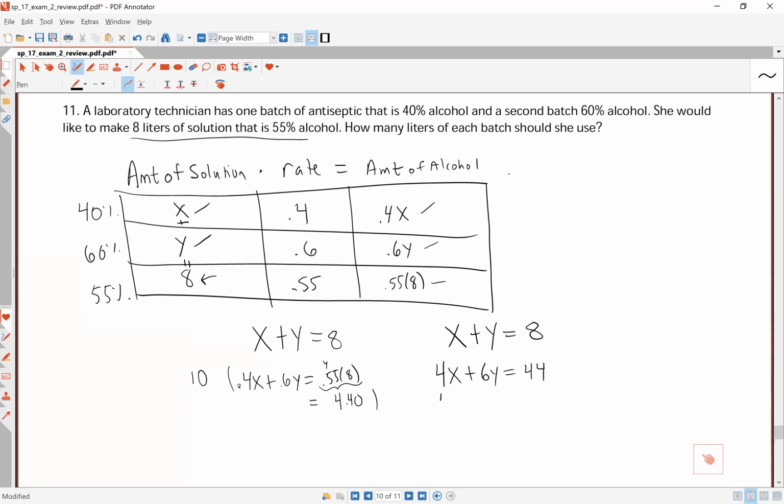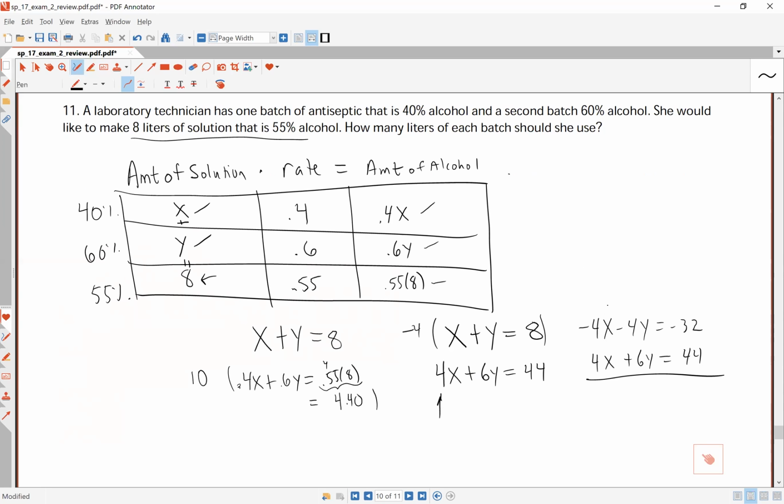Now let's get rid of the 4 by multiplying everything in the first equation by -4. -4x minus 4y is -32. 4x plus 6y is 44.